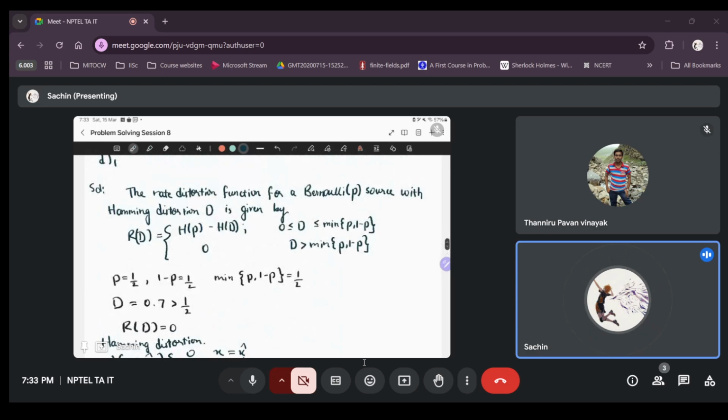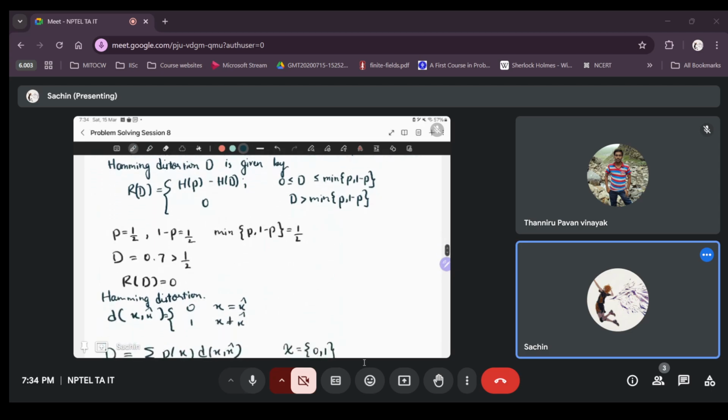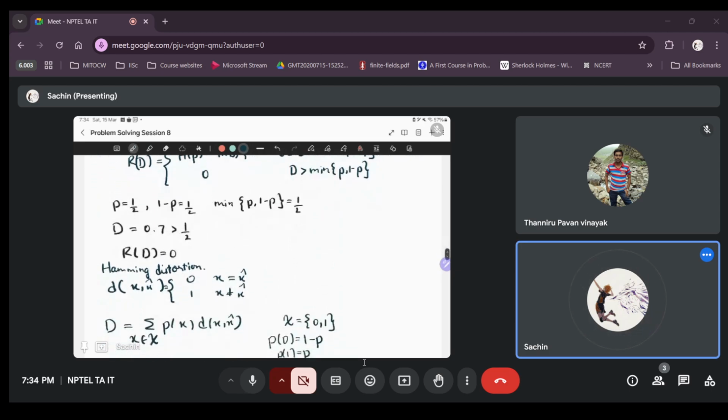a rate distortion function. So we need an achievable rate, and for a fixed distortion, we have to minimize the rate. The minimum rate you can get is 0, and your distortion will be given.